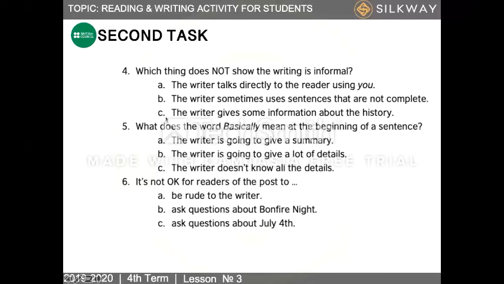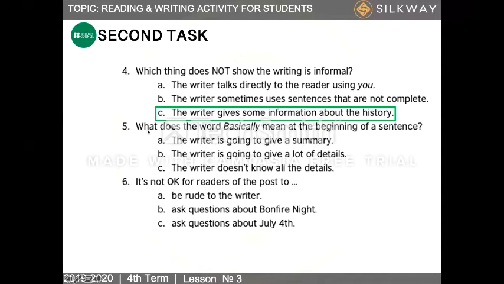Or C. The writer gives some information about the history. And what is your answer? Letter C, correct. The writer gives some information about the history. So this is not showing that the writing is informal.